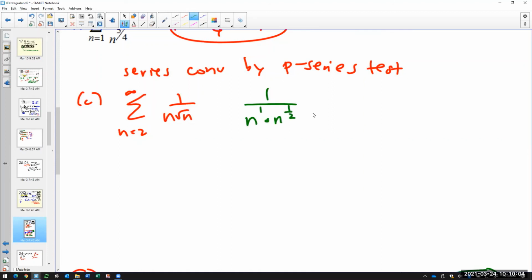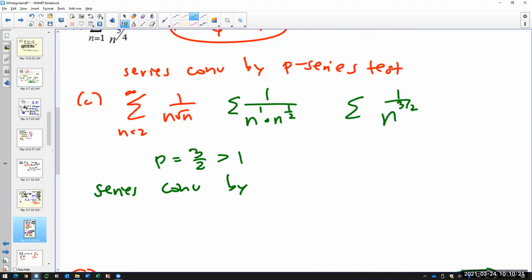When you have the same base, what do you do with the exponents? You add them. So this is 3/2. So your p here is 3/2, which is greater than 1. Does this series converge or diverge, guys? Converges by p-series test. Is everybody comfortable with that?